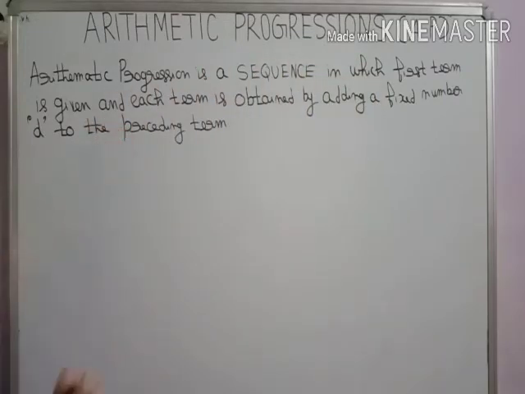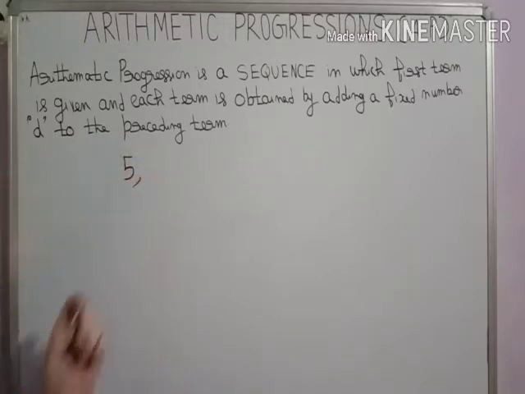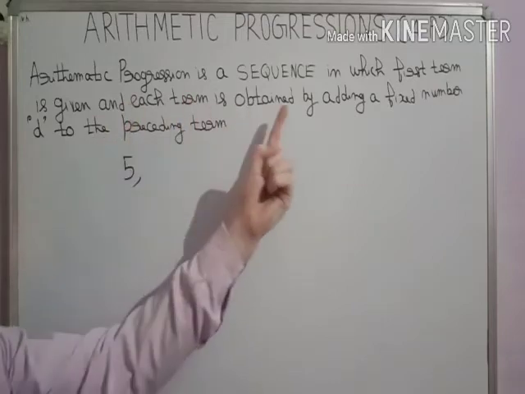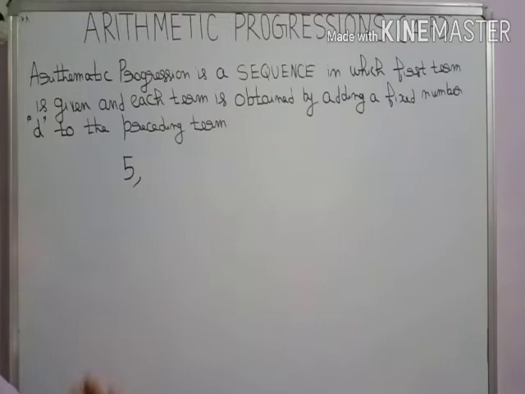Suppose that I want to write an arithmetic progression. I start writing the first term with 5. And each term is obtained by adding a fixed number, and that fixed number I take as 3. Every time I am going to add it here.